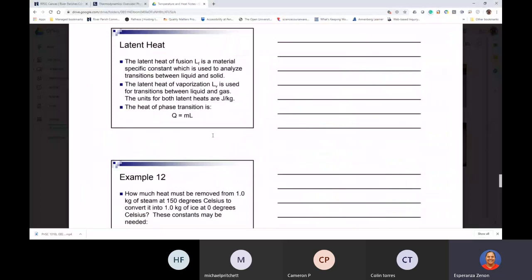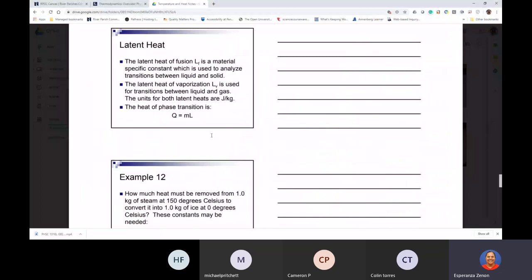What about this other constant, LV? That is the latent heat of vaporization. And every material has its own latent heat of vaporization. We use LV whenever we're doing transitions between liquid and gas. So we're working around the vapor point or the boiling point, sometimes you'll hear it referred to.